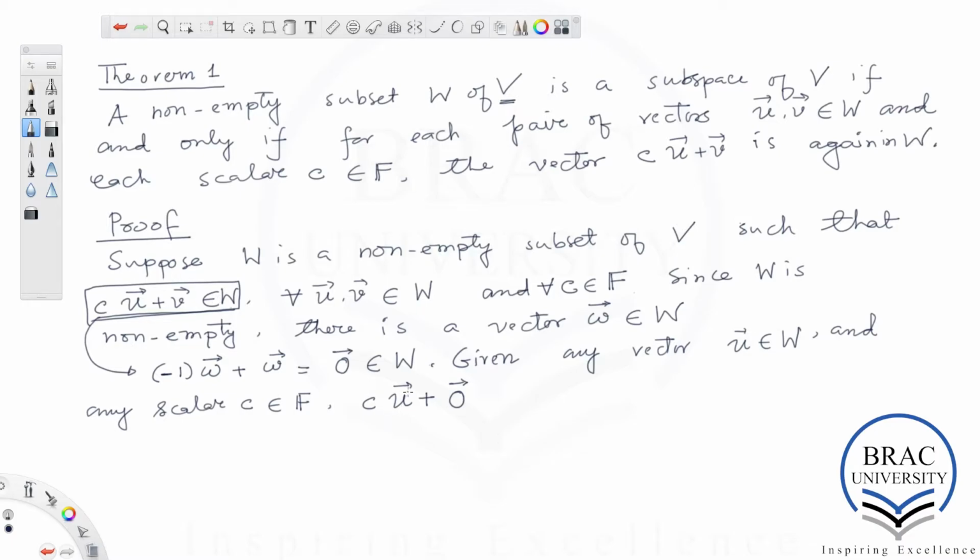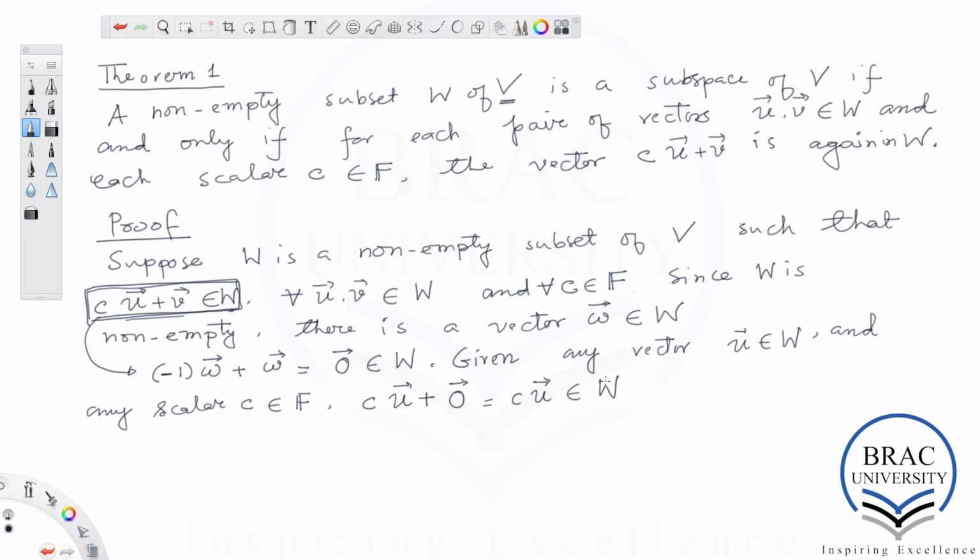But c times u plus the 0 vector, according to the definition of a vector space, because they belong to the vector space V, will be equal to c times u, and according to the hypothesis, this has to be in W. Which means that W is closed under scalar multiplication.